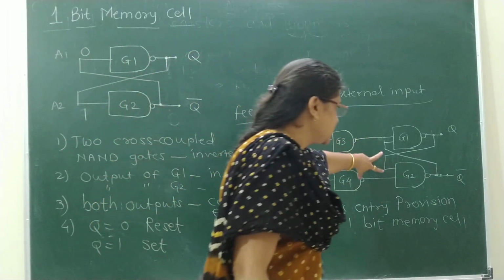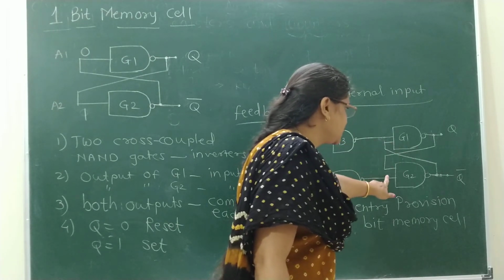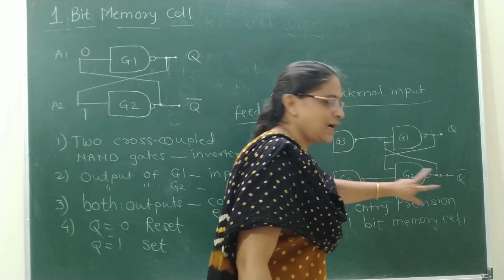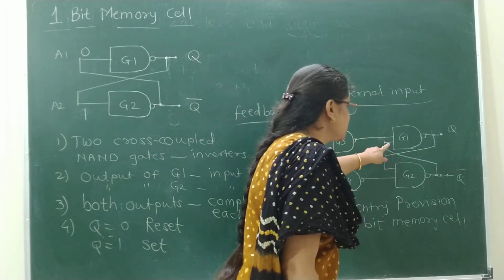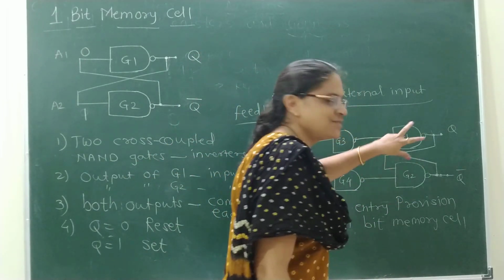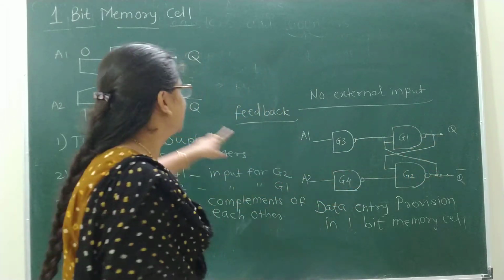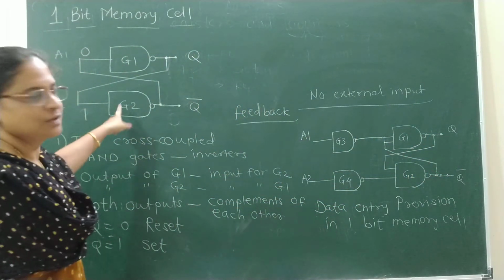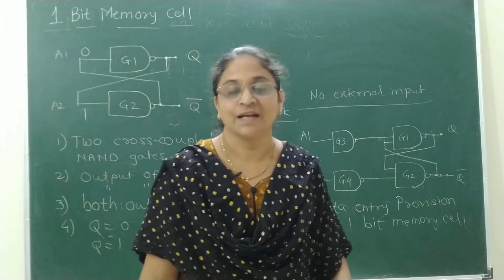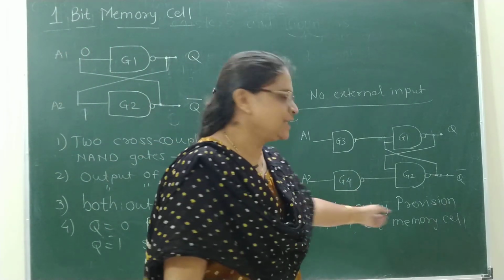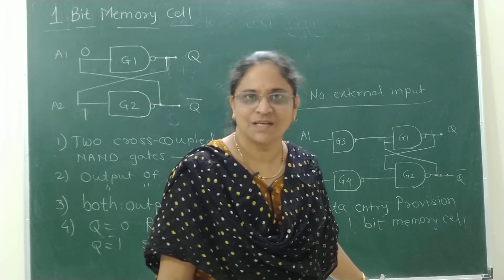But observe the relation. The output of G1 becomes the input of G2, but G2 has two separate inputs. Similarly, the output of G2 becomes the input for G1, but again G1 has two separate inputs. Earlier only one input for each gate was considered, and then that circuit got modified. It became the data entry provision in the 1-bit memory cell.